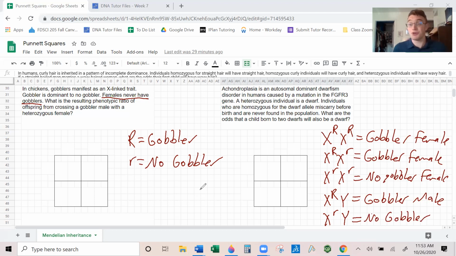They just simply don't do it. So these are actually the easiest, because if the question asks for a percentage of females, you can just check either 100% or 0%, depending on what it is. Let me show you this example here. Because females never have gobblers, if you have an X big R female, she does not have a gobbler because she's female.